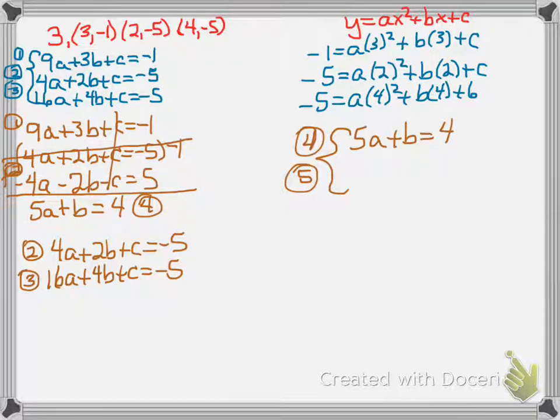Okay? Number 2 has the smaller numbers, so I'm going to multiply that by -1. That gives me -4a minus 2b minus c equals -5 times -1 is +5.